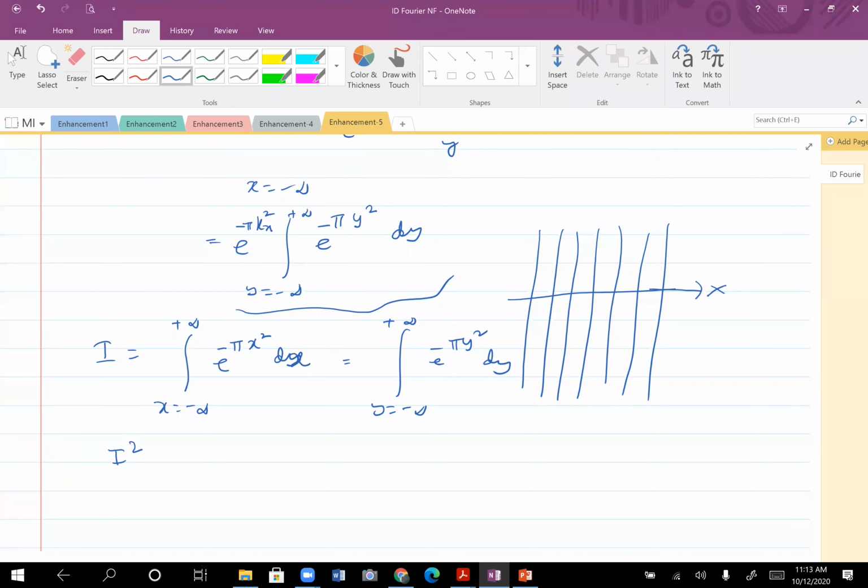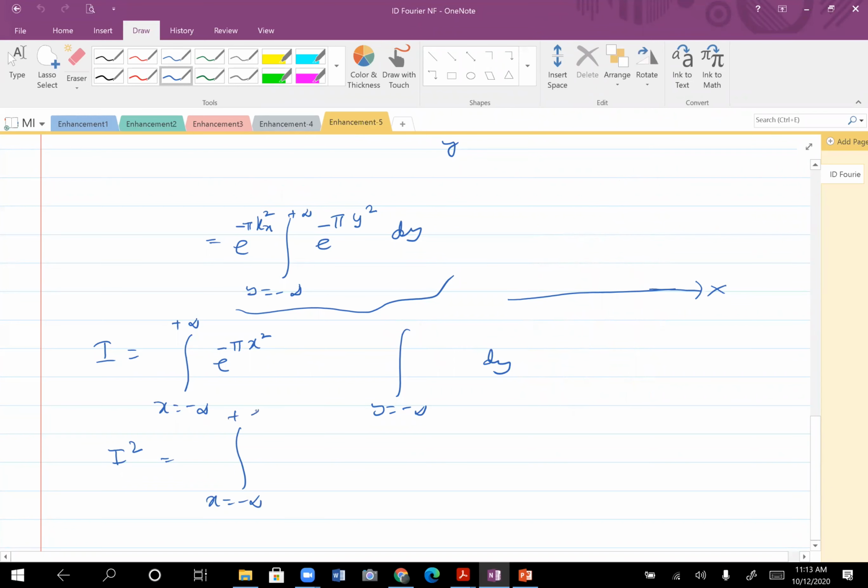Even so, let me also quickly do it this way. The way we are trying to visualize it, I square would be, let me first write this out: x varying from minus infinity to plus infinity, y varying from minus infinity to plus infinity, exponential of minus pi into x square plus y square into dx dy.